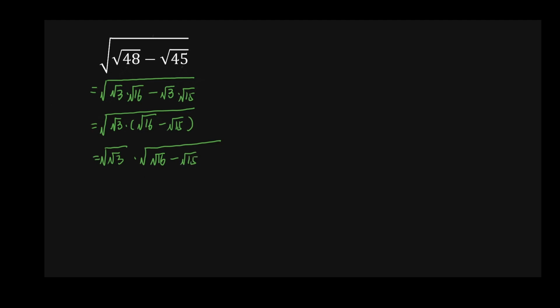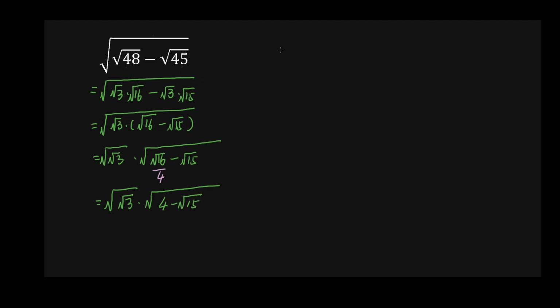And we notice that this is 4. So we can write it as the square root of square root 3 times square root 4 minus square root 15.